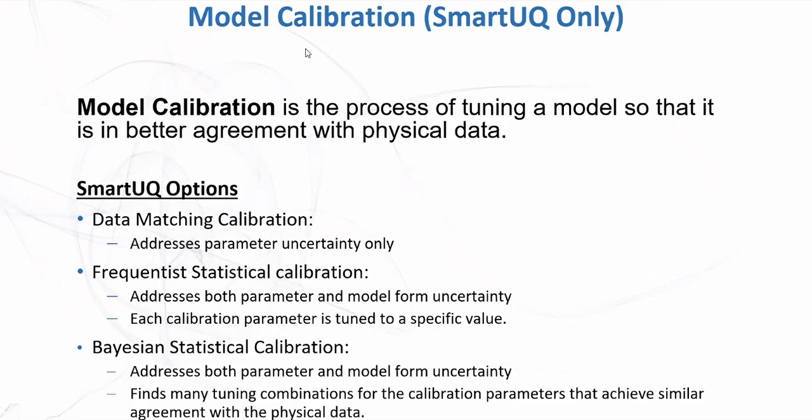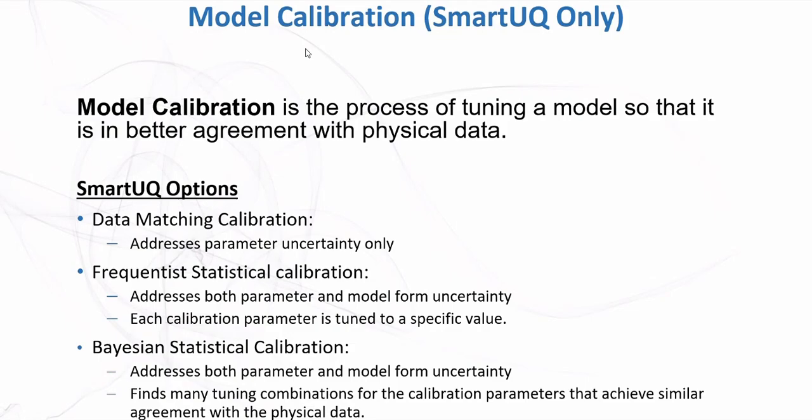So for calibration, SmartUQ offers a couple options. We offer a data matching calibration. This is a method that only addresses parameter uncertainty. It's basically an optimization approach to tune the model to find the best choice for those parameters. As I mentioned, JMP or JMP Pro don't have calibration tools of any sort.